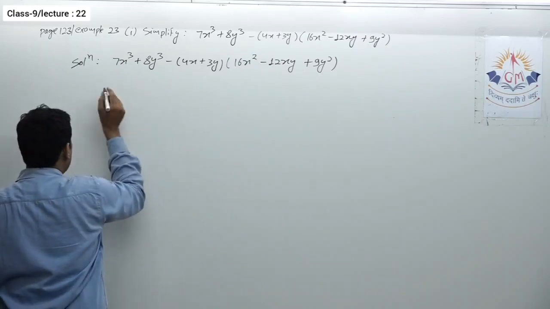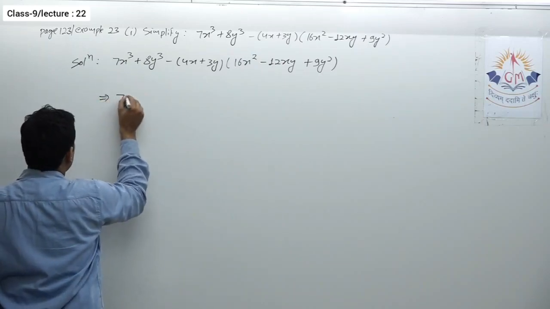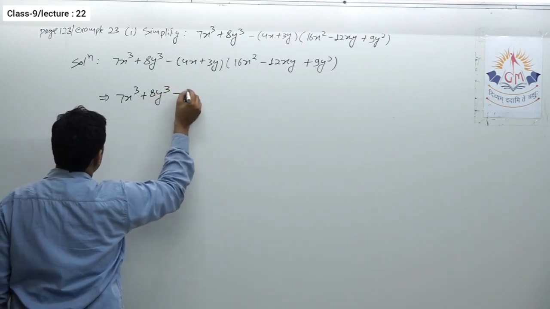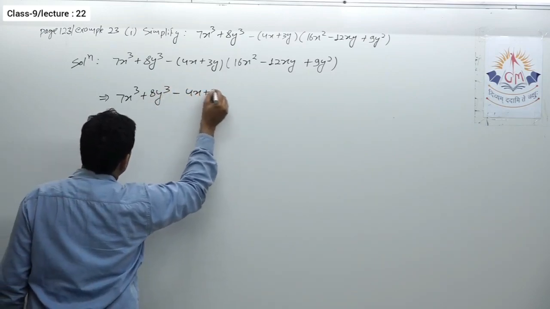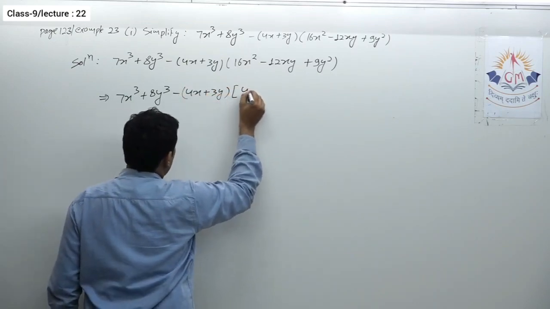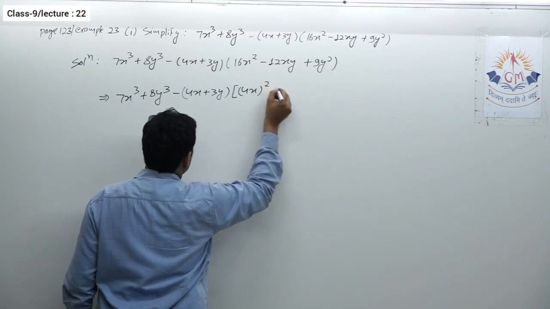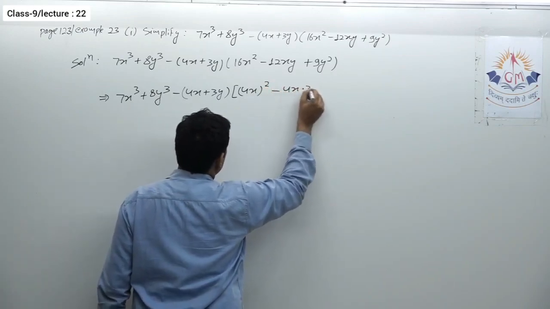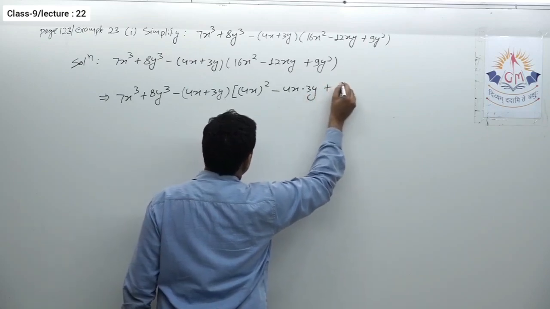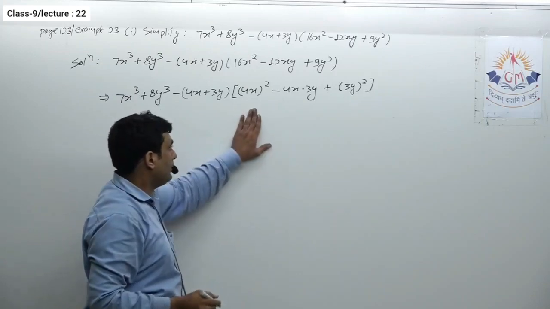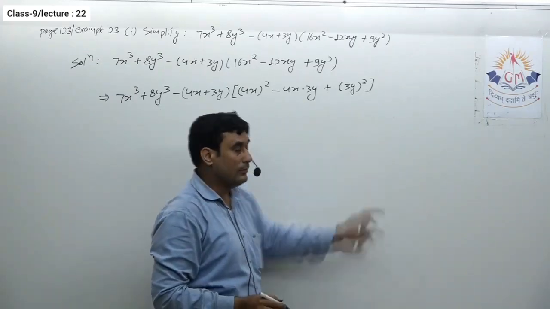So this I will keep as it is, and over here I will apply the identity. So 7x cube plus 8y cube minus, this is 4x plus 3y, that is a plus b. This is a square, 4x square, minus ab, that is 4x into 3y, plus b square, that is 3y whole square. Okay, a square minus ab plus b square.